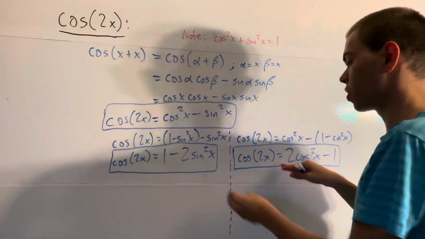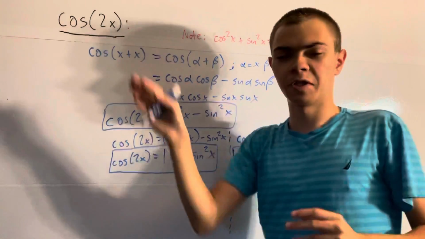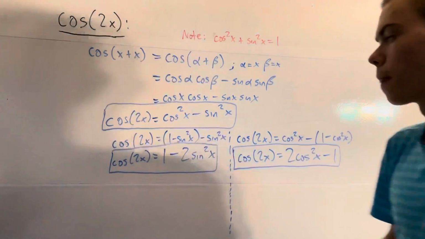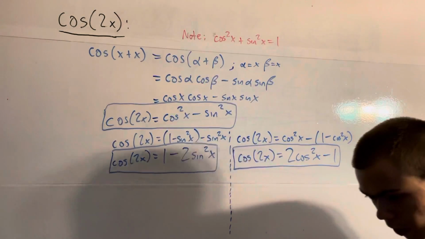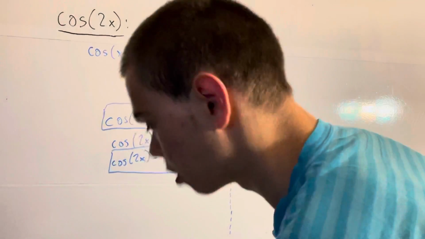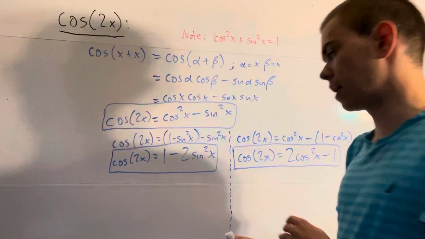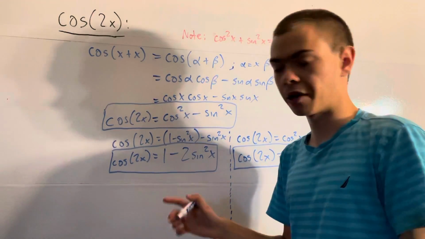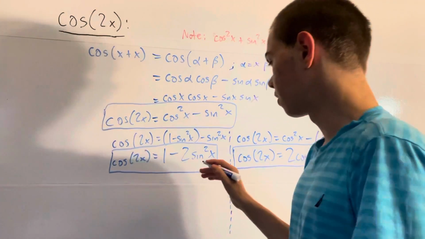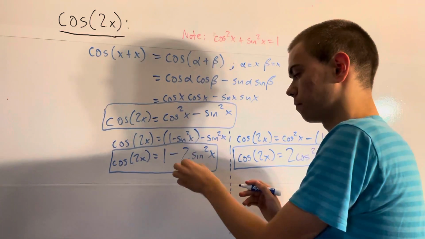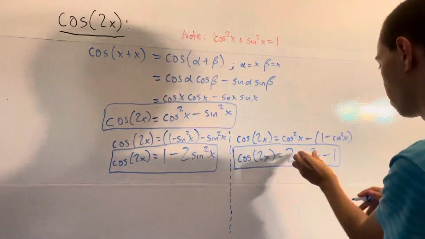So these are the three identities for cosine of 2x, and it's pretty important that you know them. I'm just going to show you one reason why you might use them. In fact, you'll use this quite a lot in calculus, early and late calculus too. You'll have to be able to solve for sine squared x and cosine squared x.